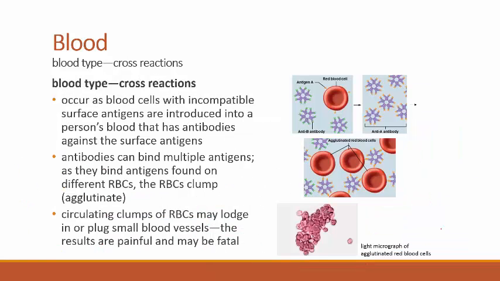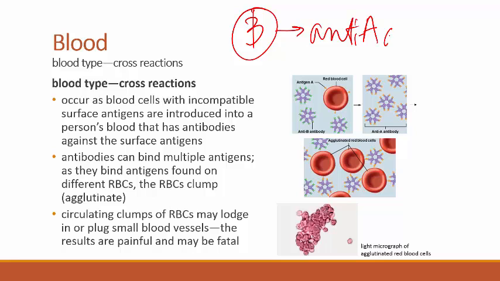So cross reactions can occur when blood cells that have surface antigens that are incompatible with the antibodies found in the plasma are introduced. For instance, if you're type B, then you have anti-A antibodies.